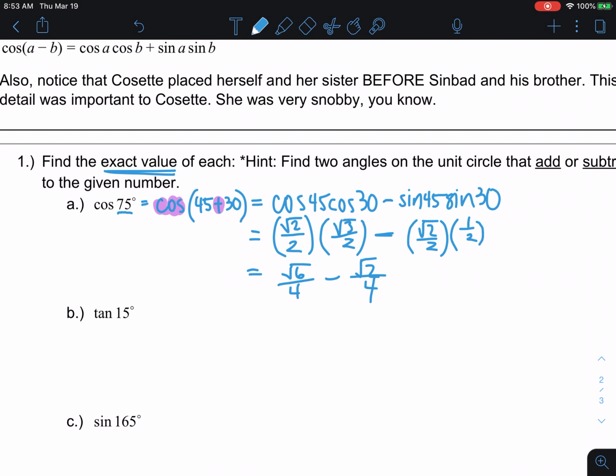Now from here, we can just combine these. We have the same denominator of 4, so that becomes our common denominator. And because we can't add or subtract roots, this will stay root 6 minus root 2 all over 4.